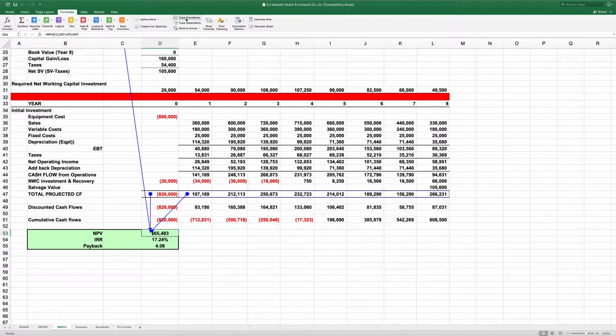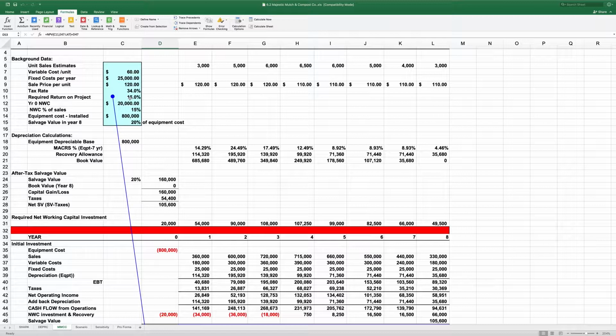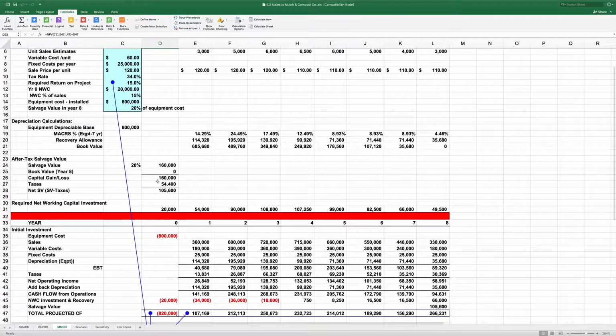Now let's look at what C11 is. C11 is the required rate of return, currently 15%. If you change that number, then the present value will change, right? Comma, E47 to L47. Now it's cash flows 1, 2, 3, 4, 5, 6, 7, 8.